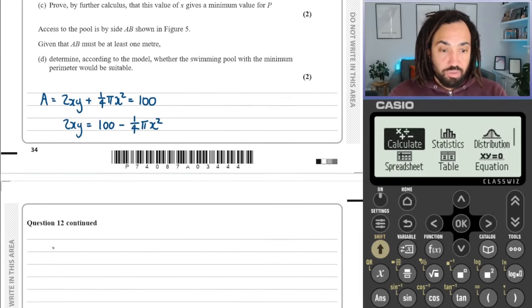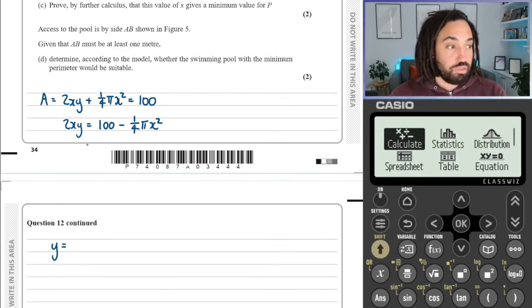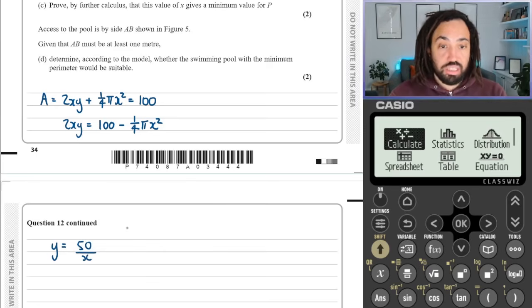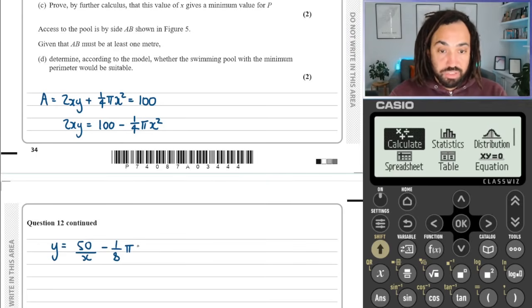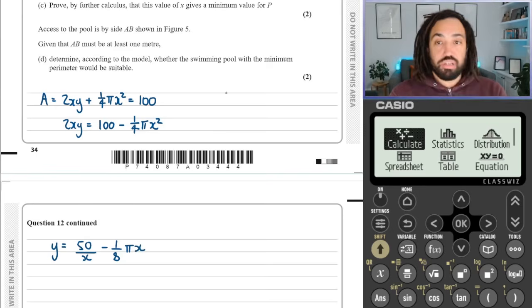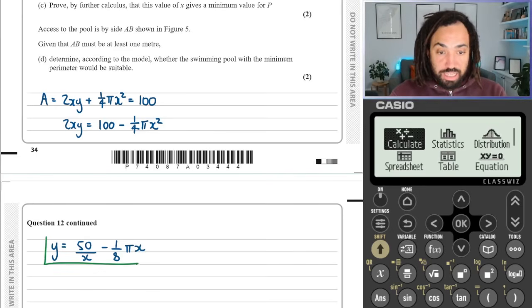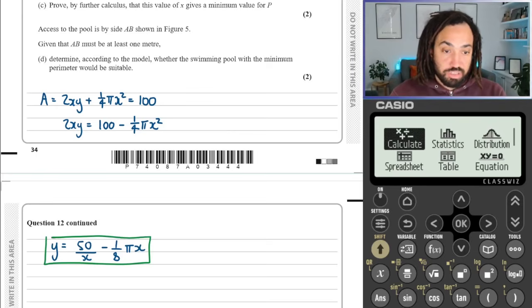And then therefore y is equal to, divide both sides by 2x, or divide 100 by 2 gives us 50, so it would be 50 over x. And this one dividing by 2 will be 1/8, and that will be pi, and then dividing by x gives us just x. Okay, so that is an expression for y in terms of x, which is super helpful.